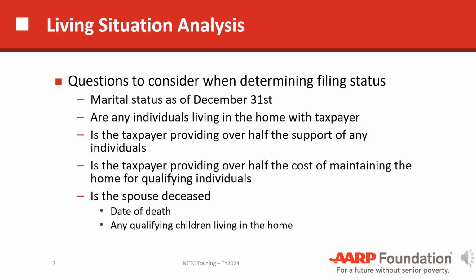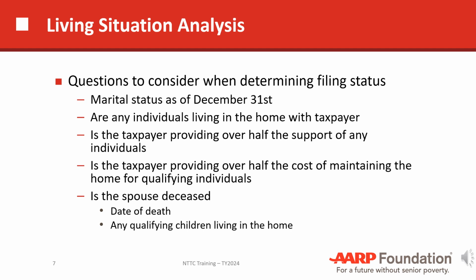So there are a number of things that need to be considered when determining a taxpayer's filing status. Essentially, all of the things that revolve around their living situation. So some of the questions you need to consider are what's the marital status as of December 31st for the taxpayer? Are any individuals living in the home with the taxpayer?